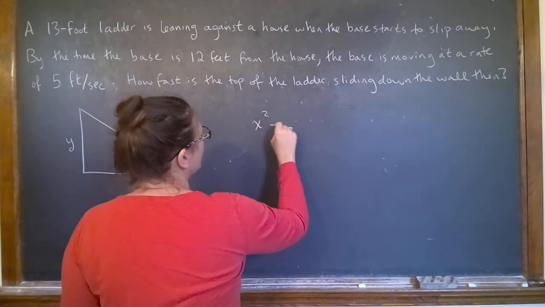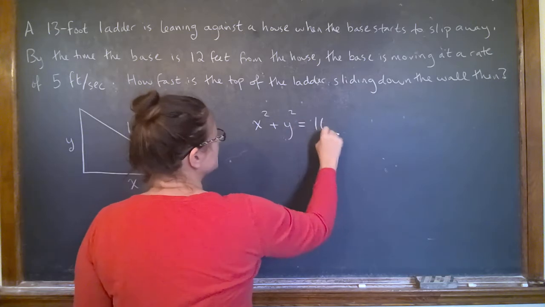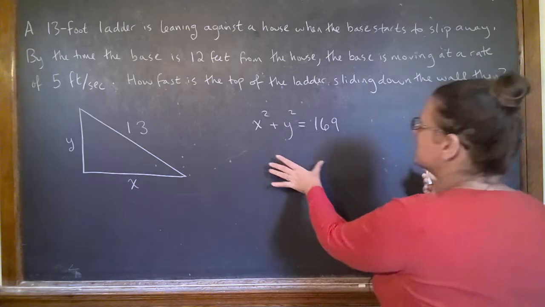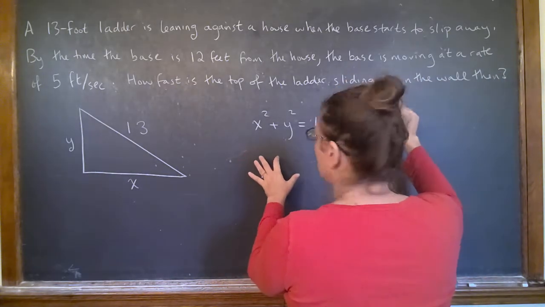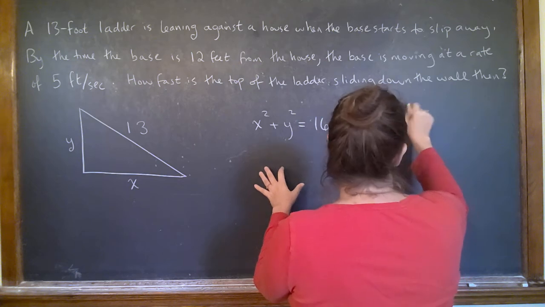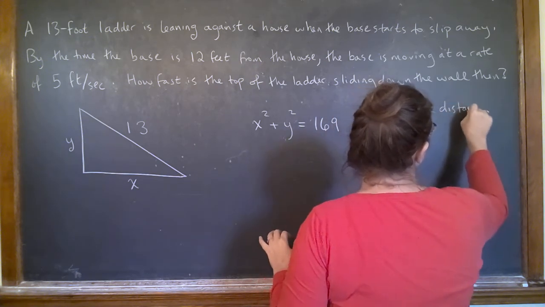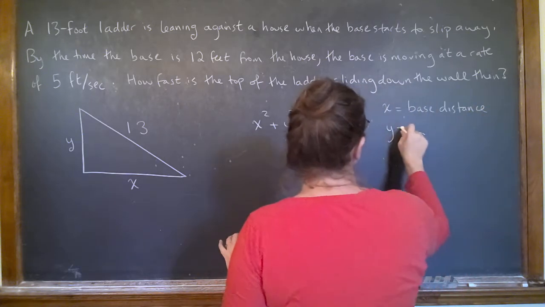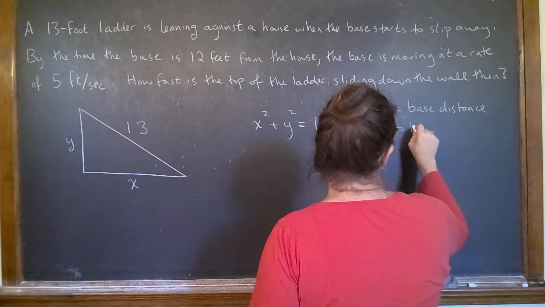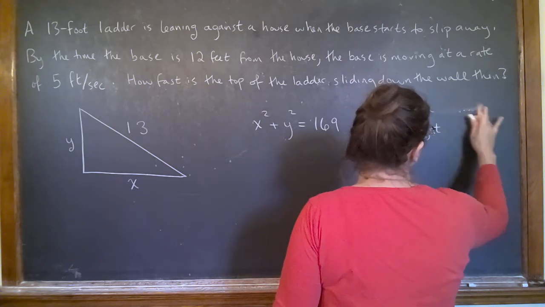So we just write that down. Oh, you know, I forgot to write down what the variables were. What's 13 squared? 169? Okay, so I do like to write down what the variables are. So X is the base distance and Y is the height on the wall, the vertical height.